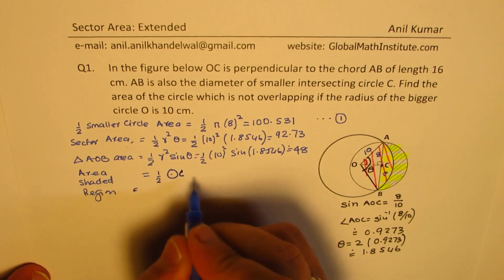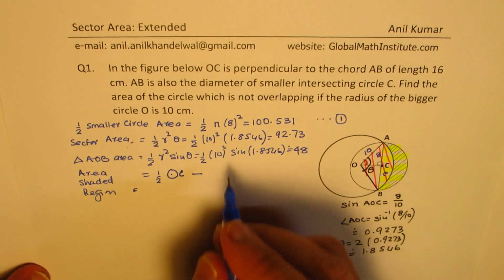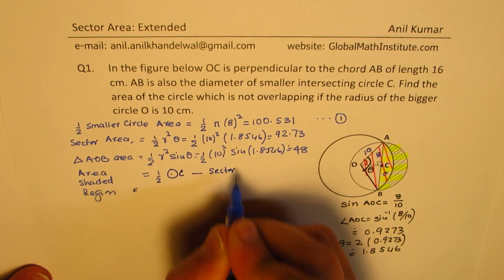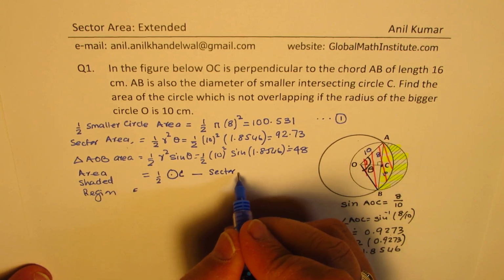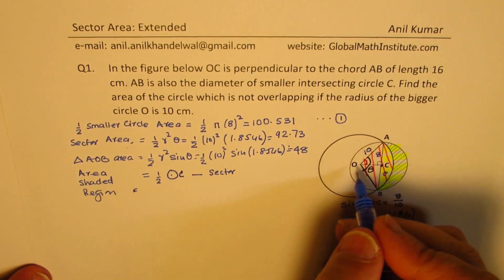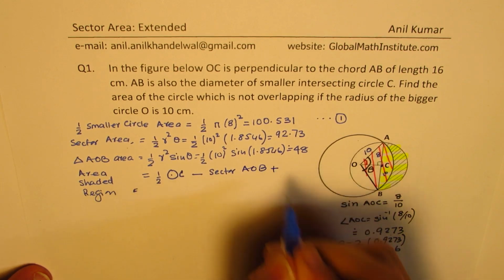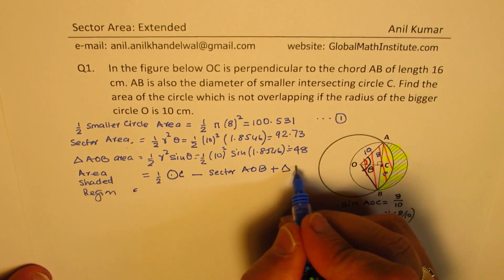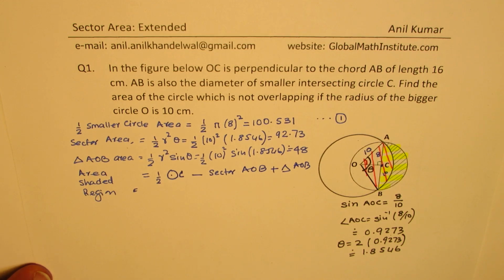Half of circle C. From that, we'll take away the whole sector area, the sector area for the given big sector with sector AOB. And then to this, we'll add the triangle area, which is AOB. Is that clear to you, right? So that is how you're going to find the answer.